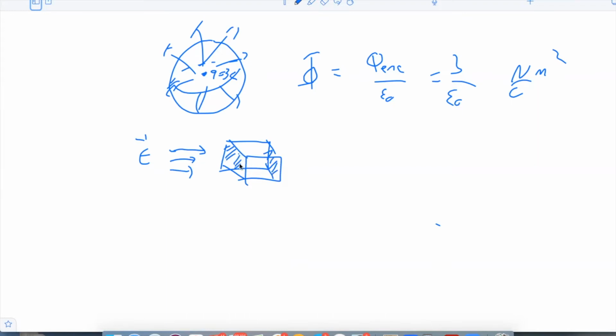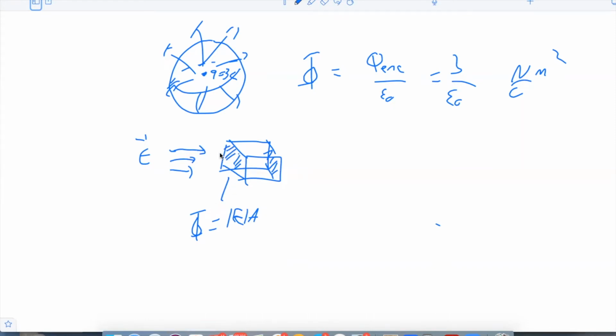It's going directly through those surfaces. On those 2 sides, the flux here would be E times A. Because the angle was 0. We're flowing perpendicularly through, and cosine of 0 is 1.